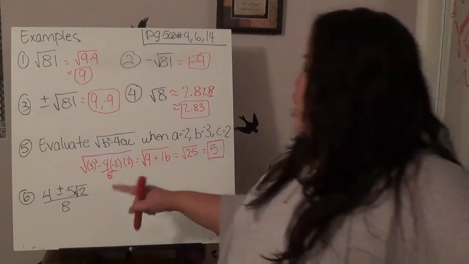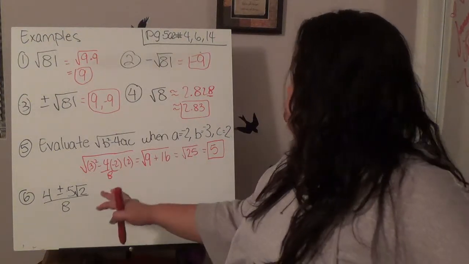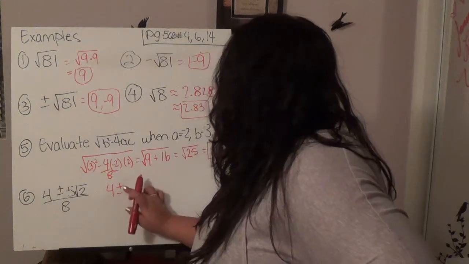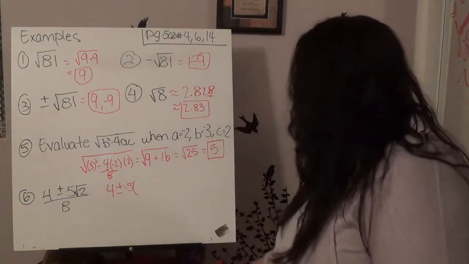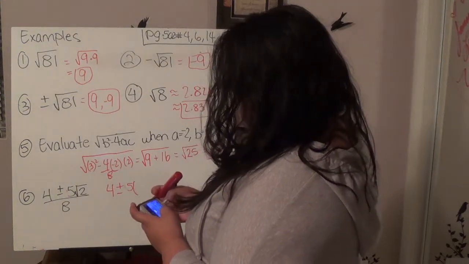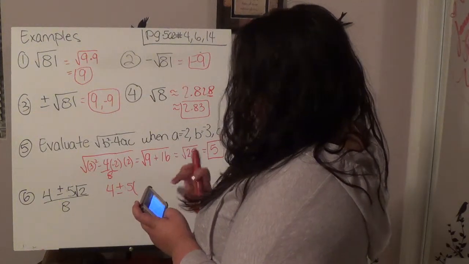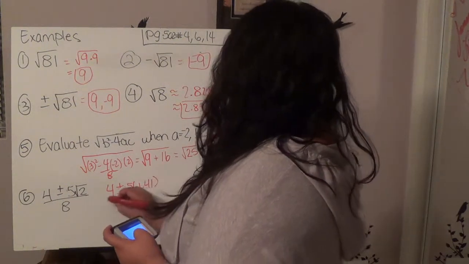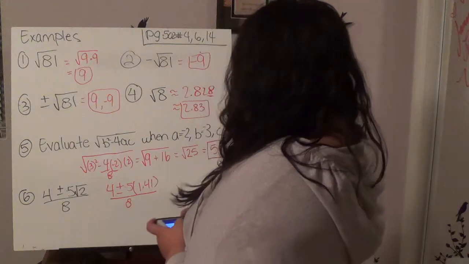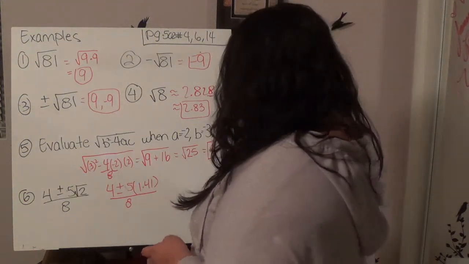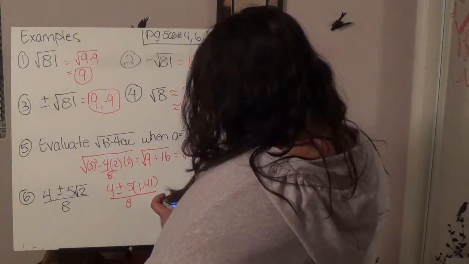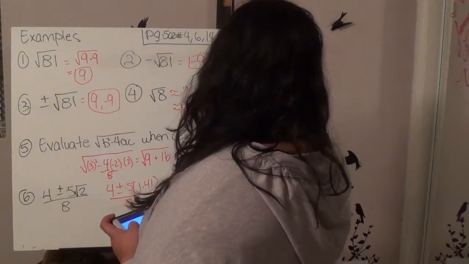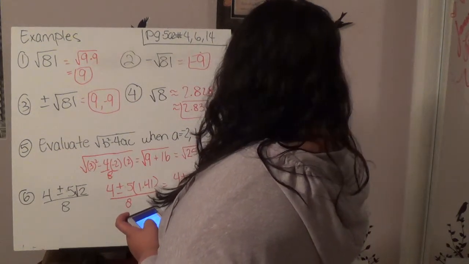This next one doesn't have a square root over the whole thing, just one, so I'm going to focus on that square root first. 5 times the square root of 2. The square root of 2 would be 1.41, over 8. Times 5, which gives me 4 plus or minus 7.1 over 8.